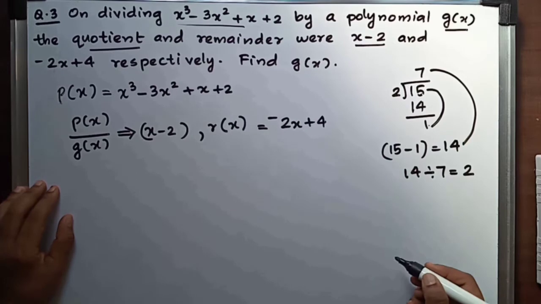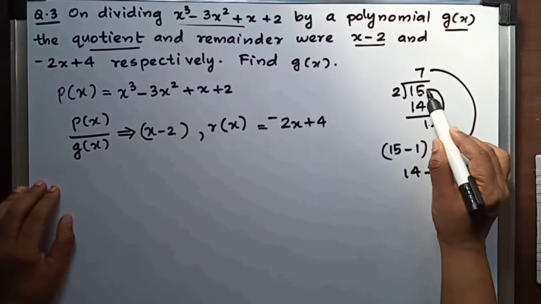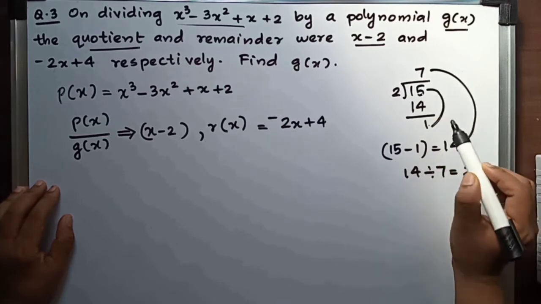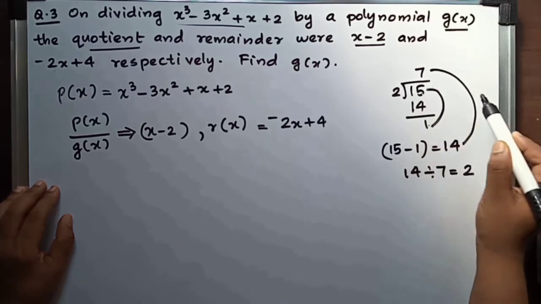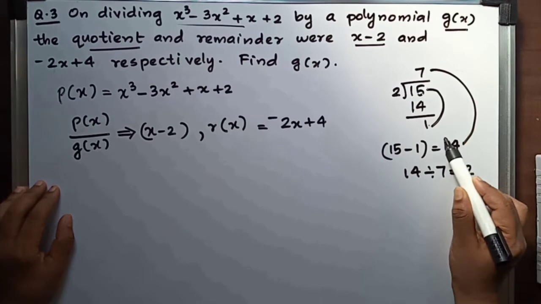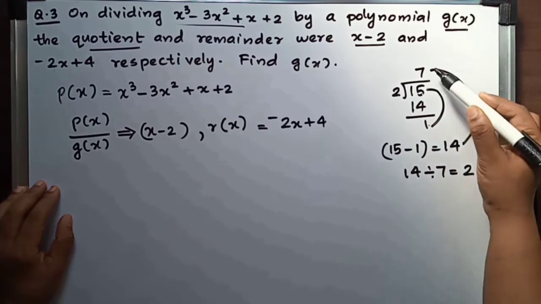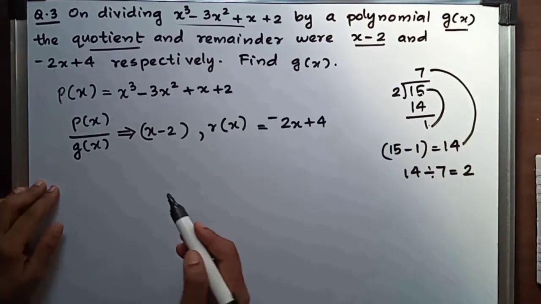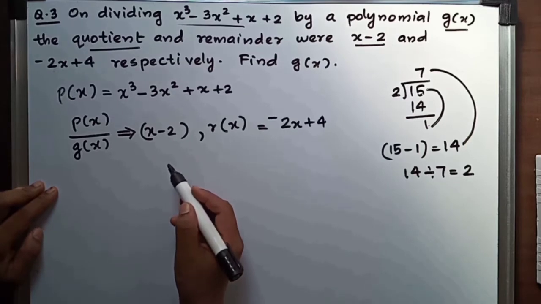See, this is the relation. First we have to subtract the remainder from the number, and then divide this by the quotient. The same thing we will apply here.